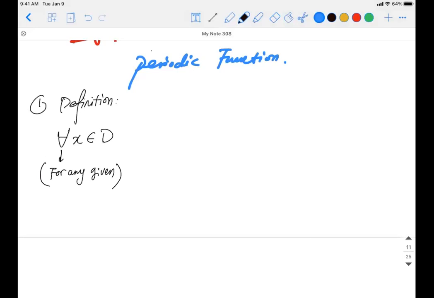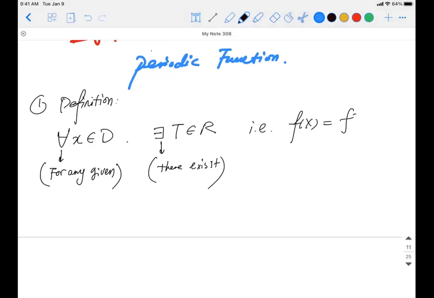For any given x belongs to D, D is the domain, there exists a T belongs to R, such that f(x) equals f(x plus T). For any given x belongs to D means this property is not only for one x, every single x must follow.